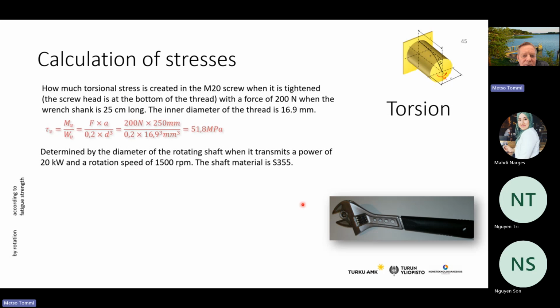And then there is an example of bending and what happens in a piece when we are bending. And also an example of calculating the power and also this torque Q that happens when we use some kind of power.